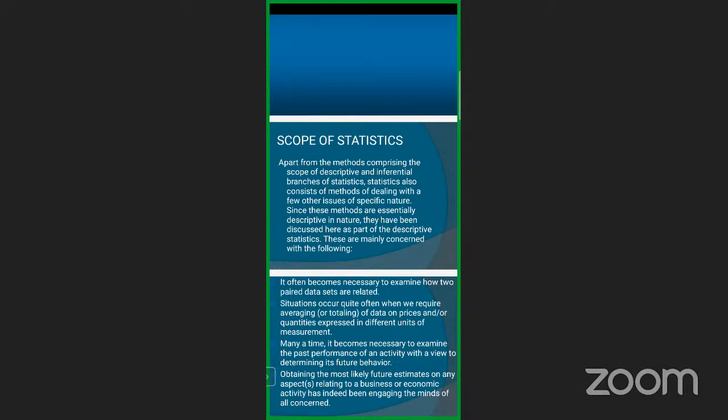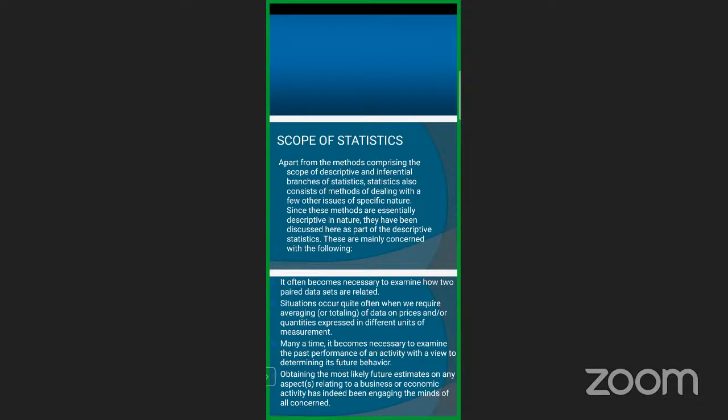Obtaining the most likely future estimates on any aspects relating to a business or an economic activity has indeed been engaging the minds of all. So what does it mean? Mostly the data which we collect in the form of statistics, we use for future reference purposes.